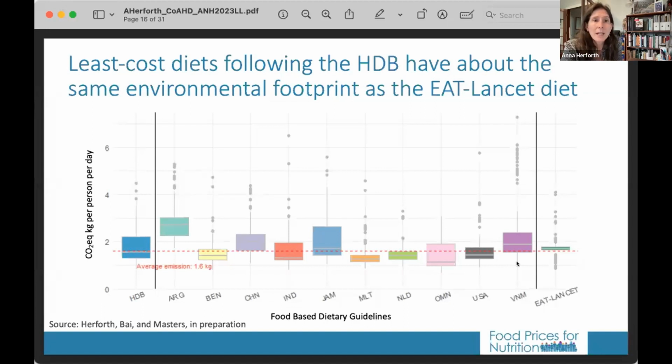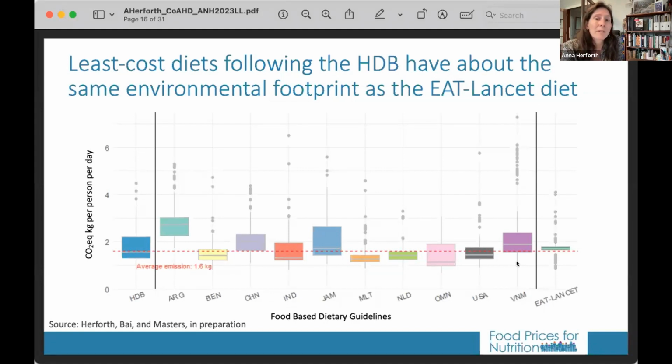But when we look at the healthy diet basket, we see that it has about the same environmental footprint as the Eat Lancet diet, where Eat Lancet was specifically created to be an environmentally sustainable diet. So sometimes what we're looking at here is carbon footprint of the different diets. We've also looked at water footprint.